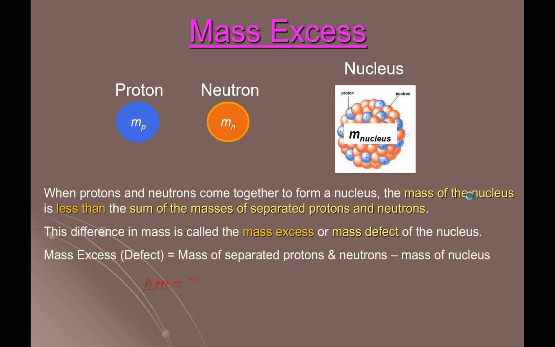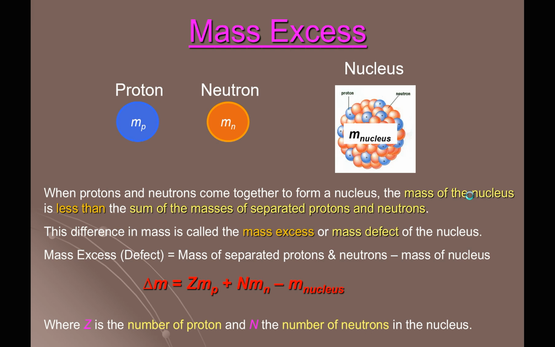So this is when the protons and neutrons come together to form a nucleus. I have said that the mass of the nucleus is less than the sum of the masses of separated protons and neutrons. This difference in mass is what we are going to call the mass excess or the mass defect of the nucleus.